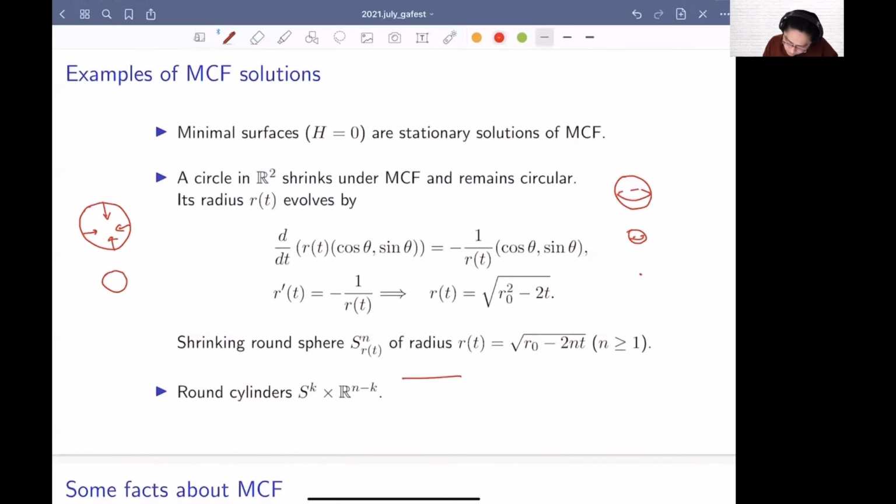So here, let's just draw S^1 cross R. We realize the Euclidean factor doesn't change, but the spherical factor shrinks under the flow. So at a later time, it becomes this, and eventually collapses down to the Euclidean factor in finite time. Okay, so these are three simple examples.